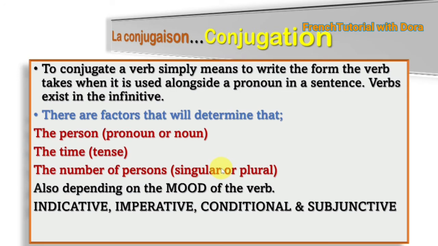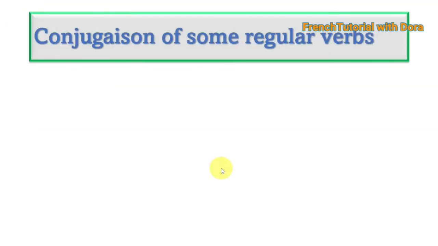For instance, in the present tense, I see. If I'm talking about the first person singular, I see. In the third person, he or she sees. If it is the past tense, he saw. All right, so these are what you consider before you choose the form.